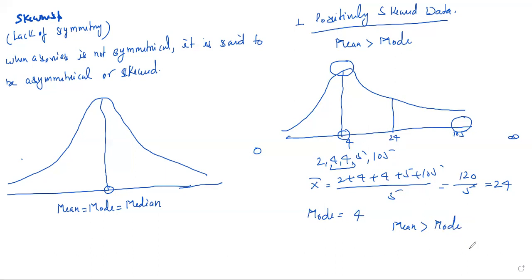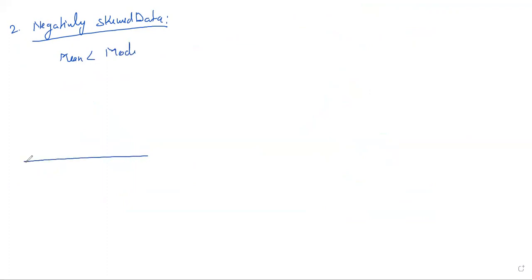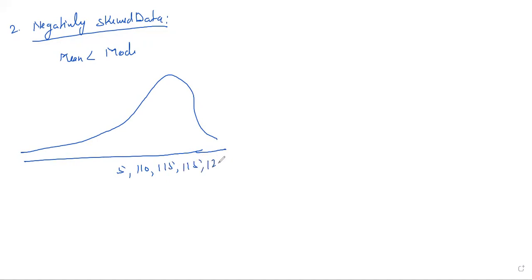Second case is negatively skewed data. So in this case, our mean is less than mode. Most of the data lie on the right side, like this. So just consider values like 5, 110, 115, 115, and 120.